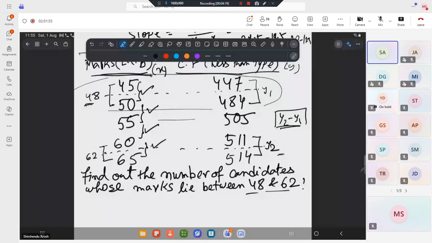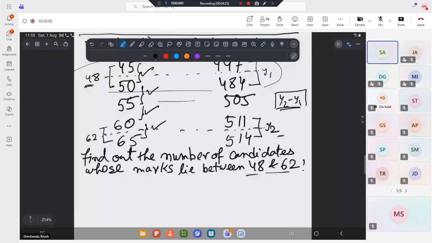For the given number, first I will find it in terms of y2 minus y1. For the first case, I will take this as y2, this as y1, and x2, x1, right? So I go to 484 minus 447, y2 minus y1, corresponding x. 484 corresponding x is 50, so 50 minus 48.